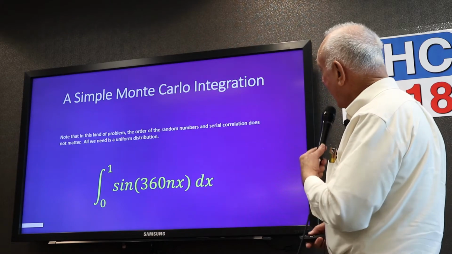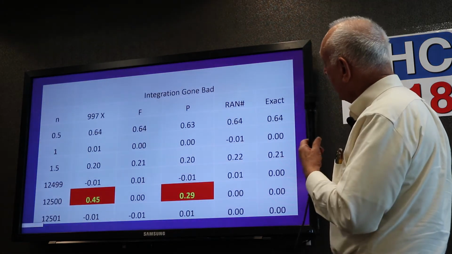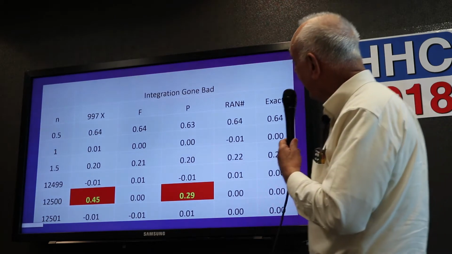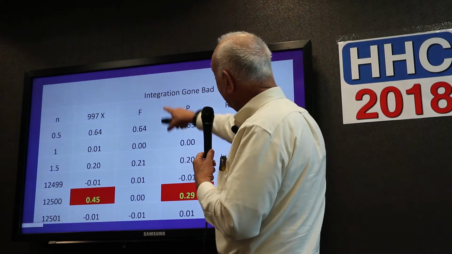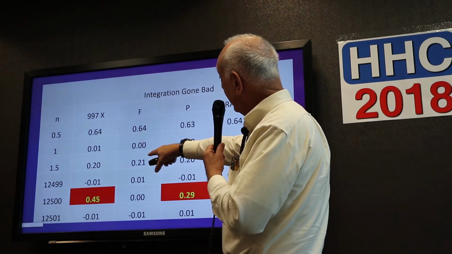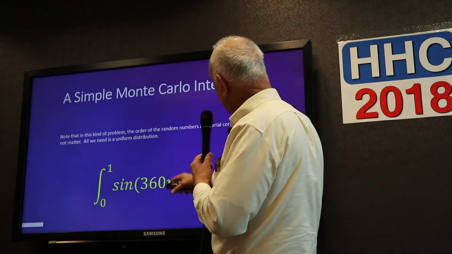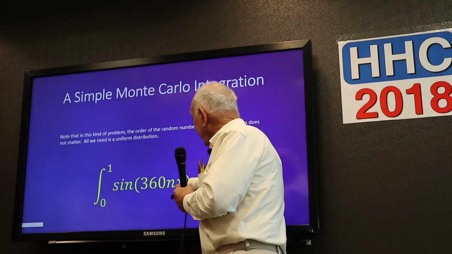And what happens? Well, I tried several random number generators here. 997X worked pretty good until you got to 12,500 for n. See, n is here.